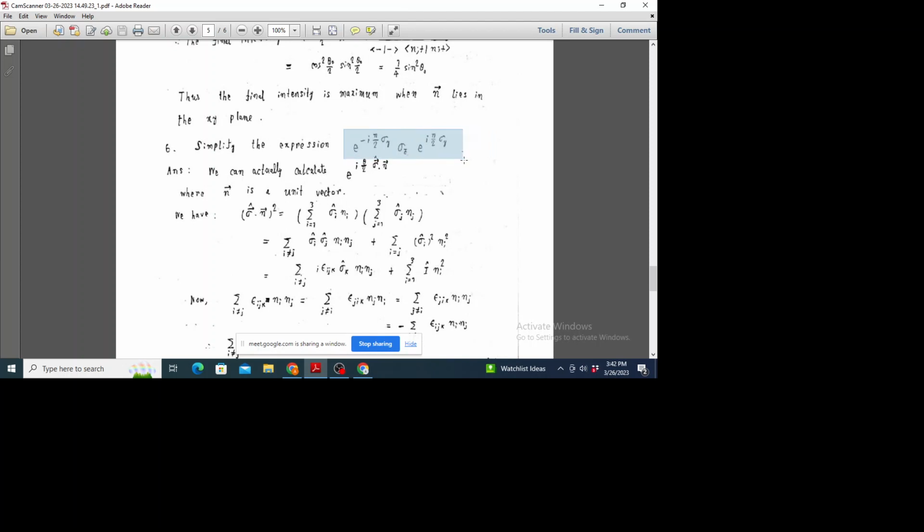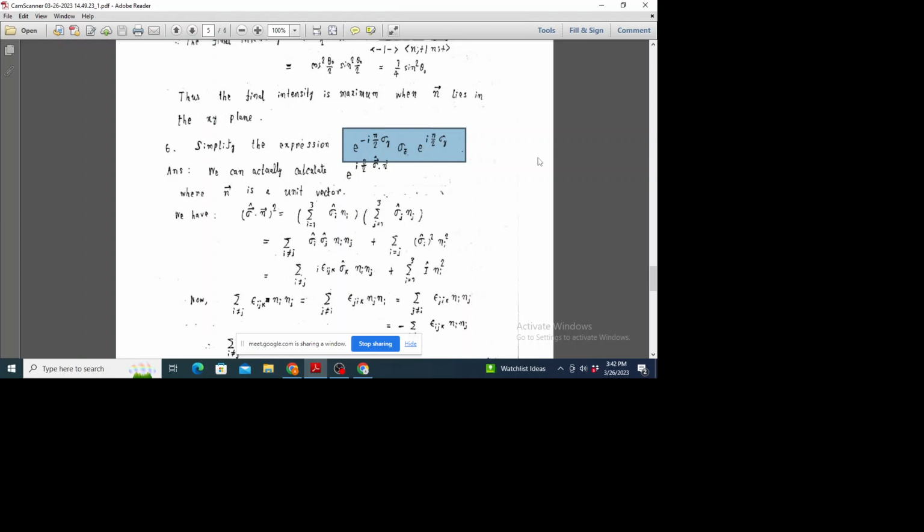And you know, this rotation is a transformation, right? So transformations on the operators are carried out with unitary operators of this kind.